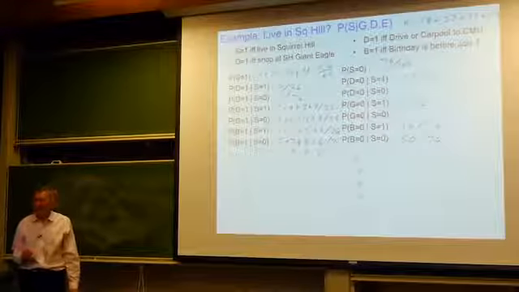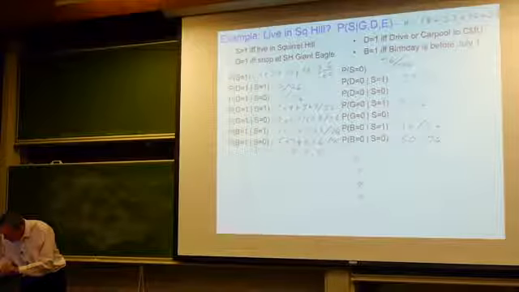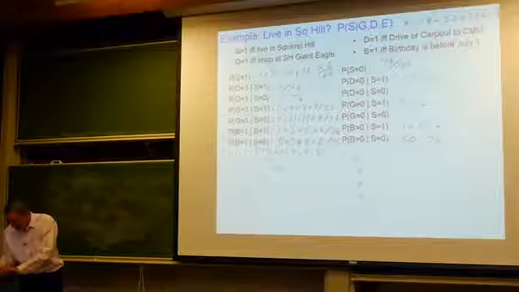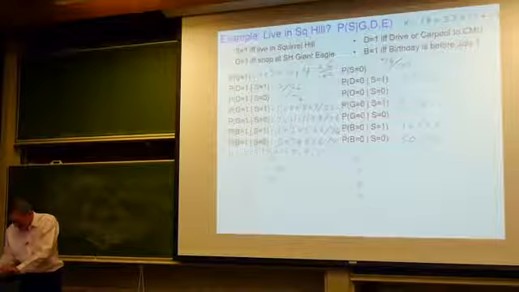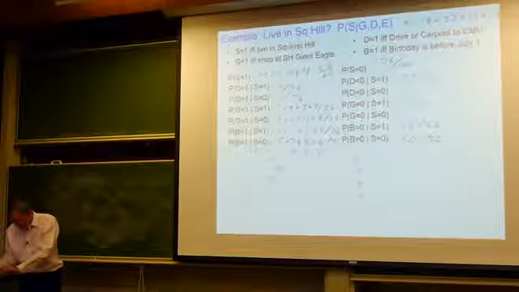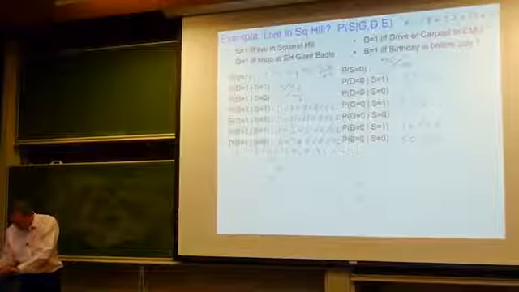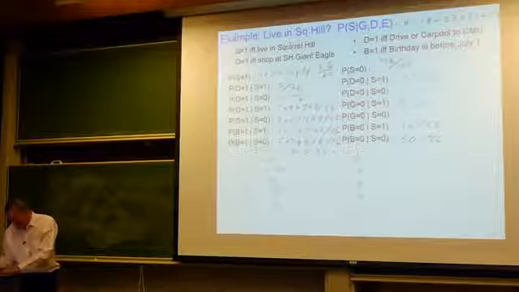So for number 2, it's 0.37. For number 3, it's 0. For number 4, it's 0.37. For number 5, it's 0. For number 6, it's 0.41.